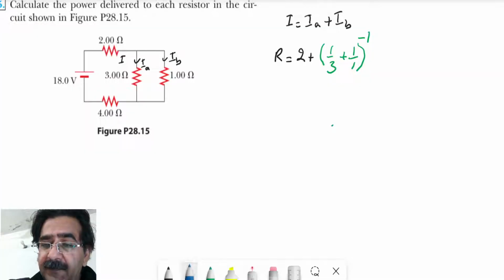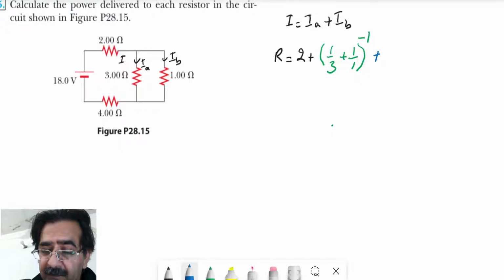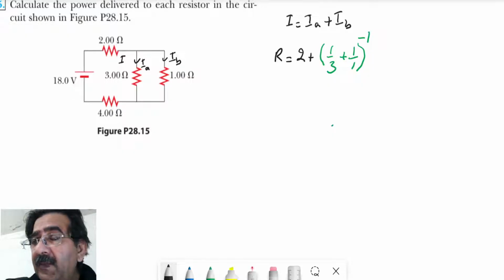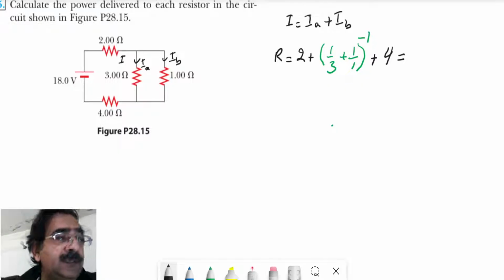Series resistance will be added, plus 4, and this will give you the total resistance.